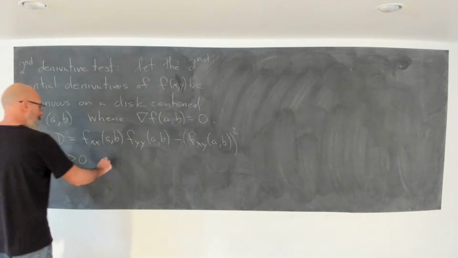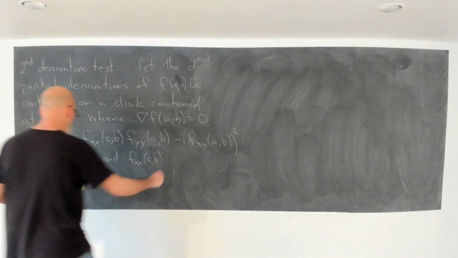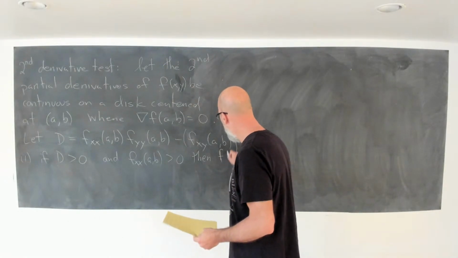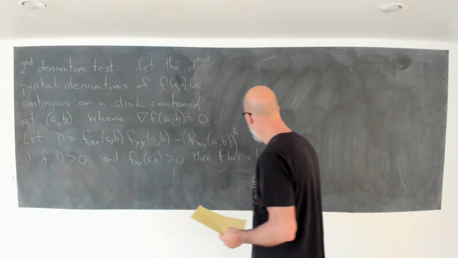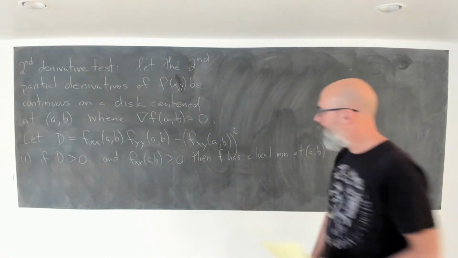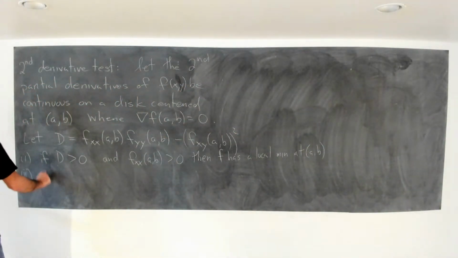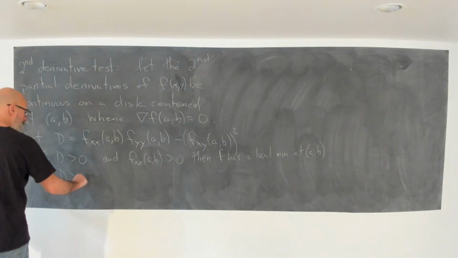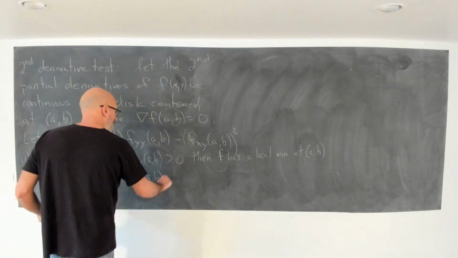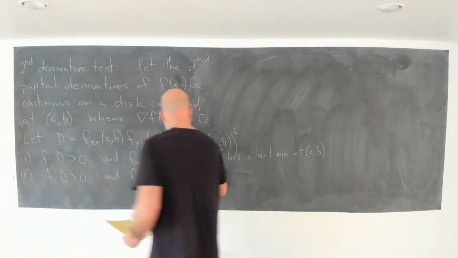If D is bigger than 0 and f_xx is bigger than 0, then f has a local min at (a, b). If D is bigger than 0 and f_xx is less than 0, then f has a local max.